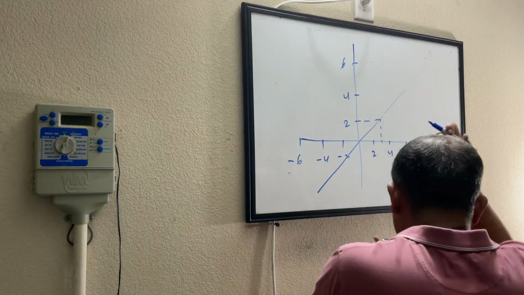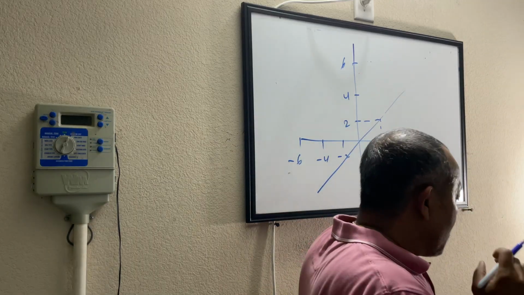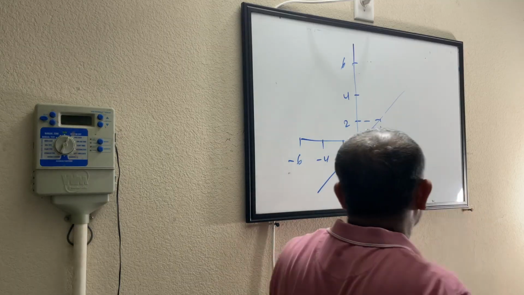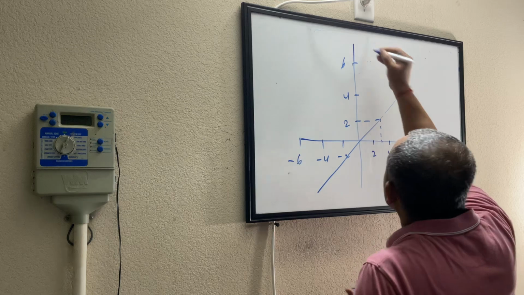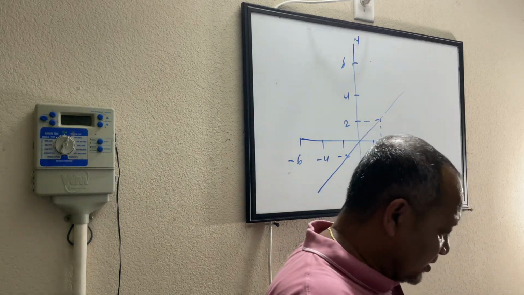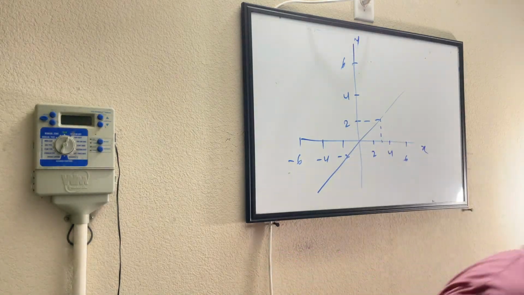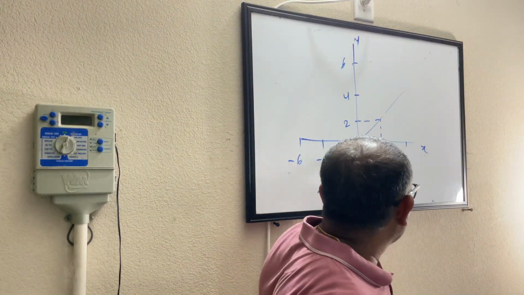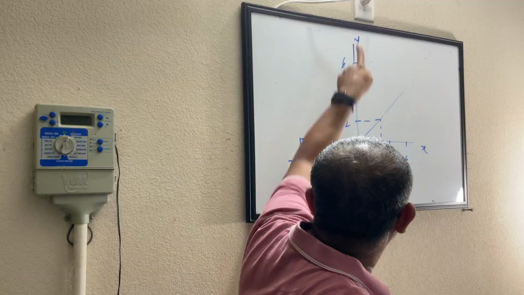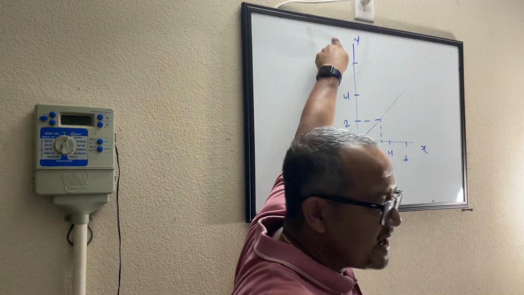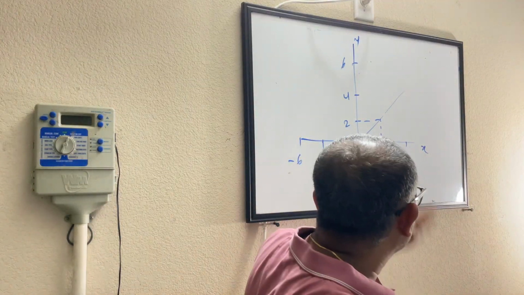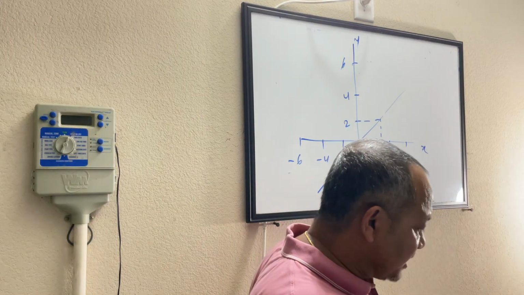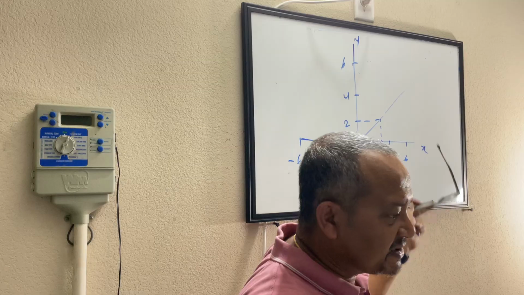The question is, what is the constant of proportionality between y and x in the graph? So this is your x-axis, this is your y-axis. In this graph, you see 2, 4, 6, 2, 4, 6. This is the only information given to us. The question is, what is the constant of proportionality between y and x in this graph?